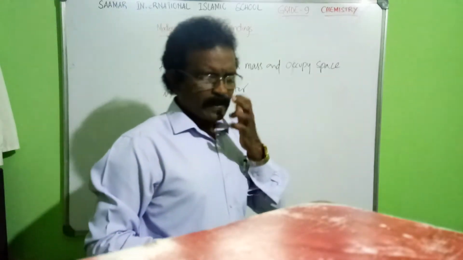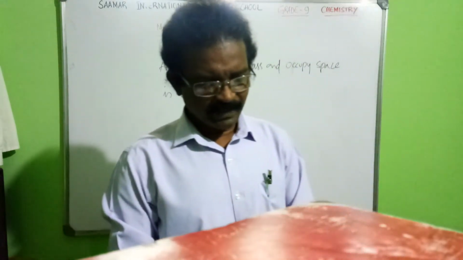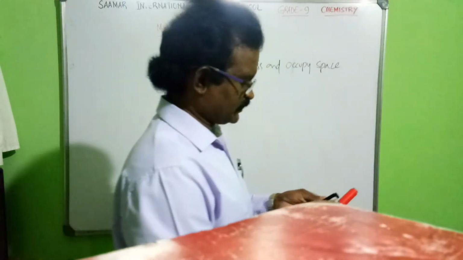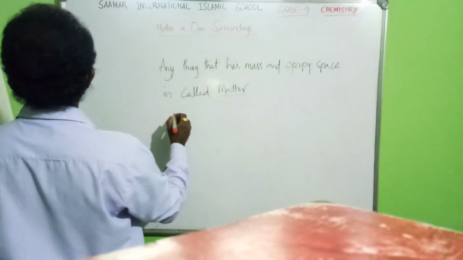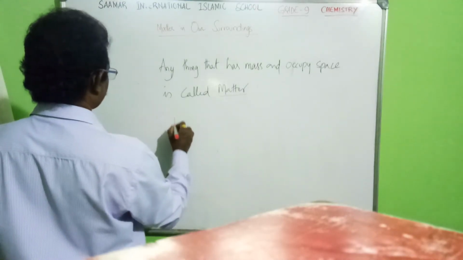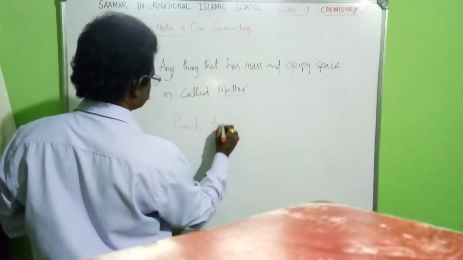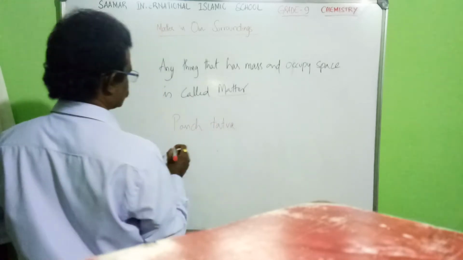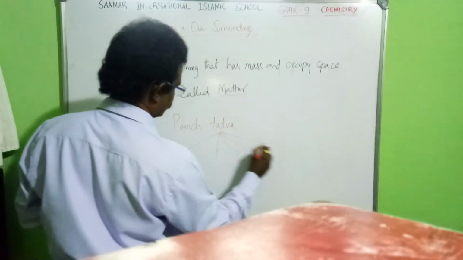Now, as per ancient scientists, they classified matter into 5 types. They call this Pancha Tattva. Panch Tattva means 5. What is that 5?